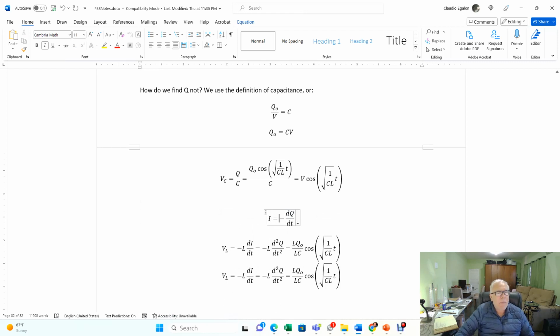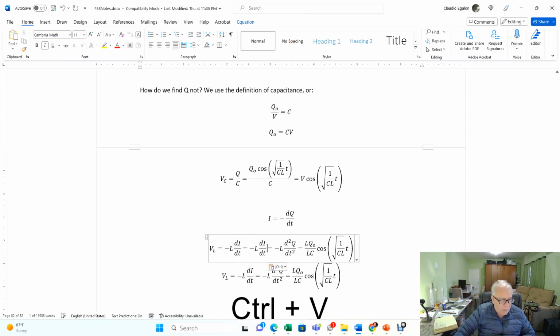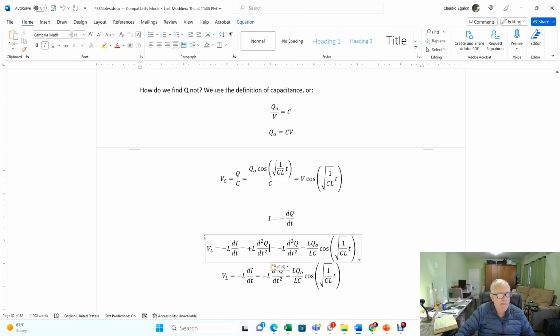Recall that I is minus dq dt, right? And when we substitute right in here, let's do this step by step. We are going to get a plus sign, right? L d squared q dt squared, okay?